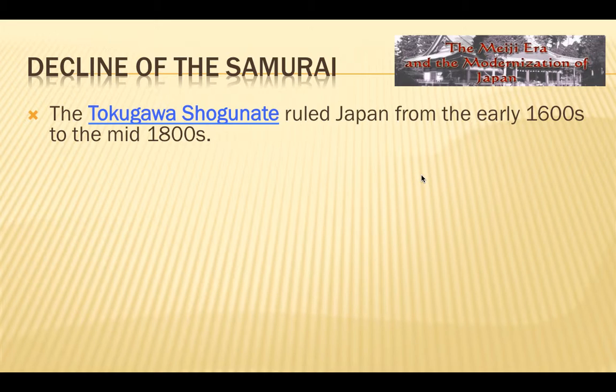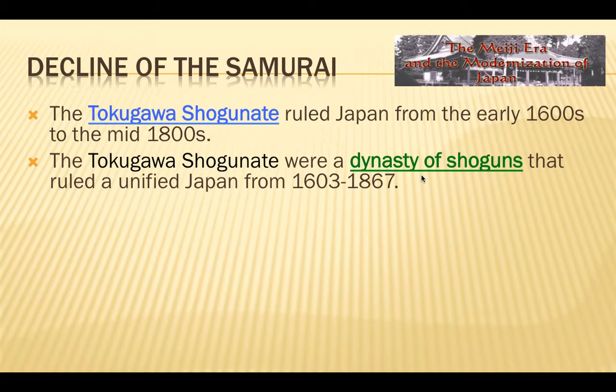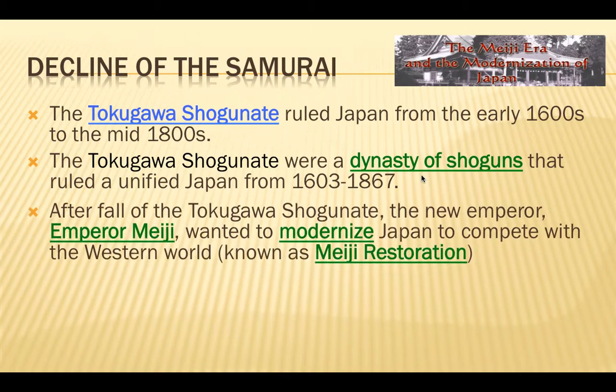One of the key things that we're going to look at here is what led to the decline of the samurai. The Tokugawa had ruled from the early 17th to 19th century, and this was the dynasty of the shoguns, which had originally unified Japan in the 1600s.